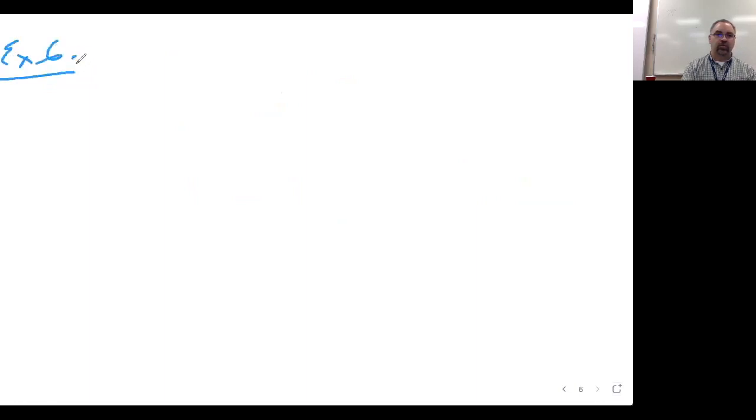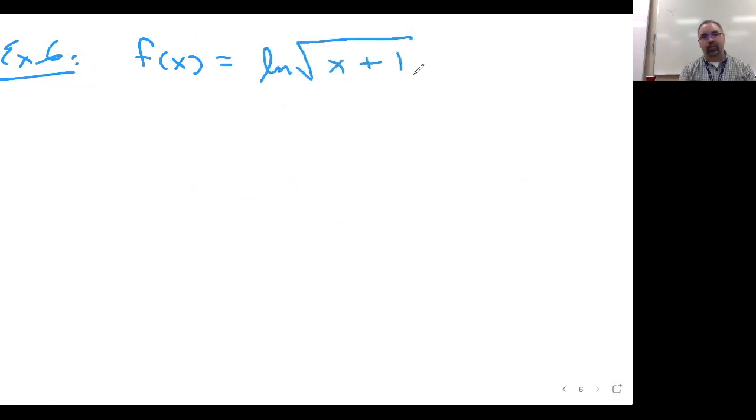Example 6. This time I'm going to say my function is the natural log of the square root of x plus 1. Now, you're probably going, okay, Ray, you're just throwing us another chain rule problem, and you're right, I am.